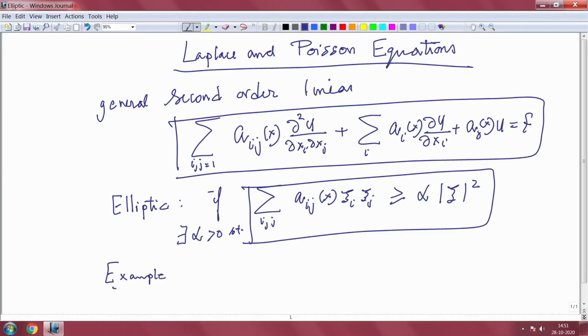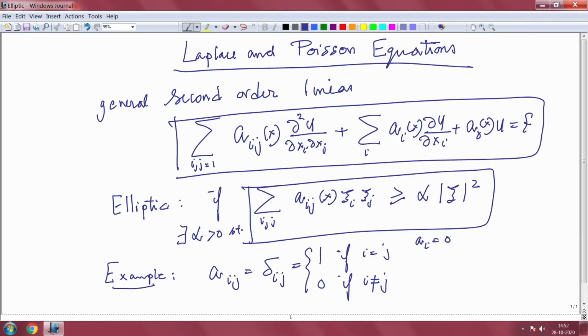Okay. So, if you take a_ij equal to delta_ij, that is equal to 1 if i equal to j, and equal to 0 if i not equal to j, and a_i equal to 0, a naught equal to 0.